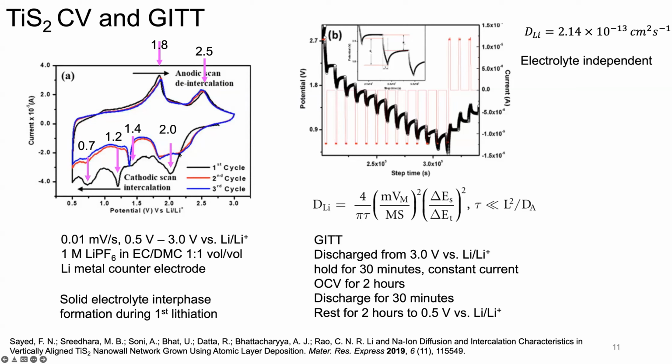And not only that, if you trace the black curve, you'll see that even within the first cathodic scan versus subsequent, second and third scans, there are certainly chemical reactions that are quite different in the first scan versus the second and third scan. So clearly there is SEI formation. There is also potentially conversion of lithium with TiS2 that results in some loss in active material, but the remaining active material, at least for the second and third scan, is reproducible.